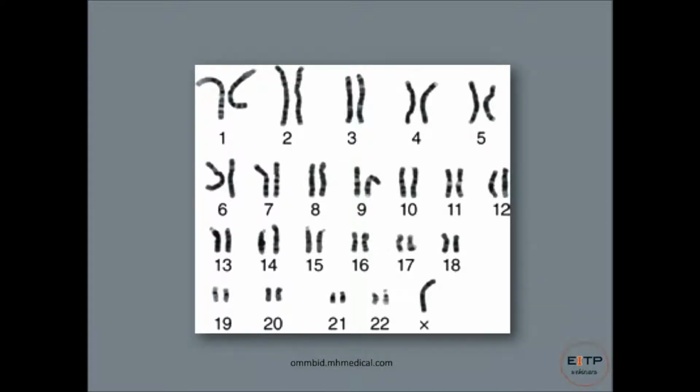The cells are broken apart and the chromosomes are processed and removed so that you can look at them under a microscope. Then they're arranged by pairs to figure out how many of each chromosome are present. And then you're just looking to see if you're missing that second X chromosome in the girl who's affected by Turner syndrome.